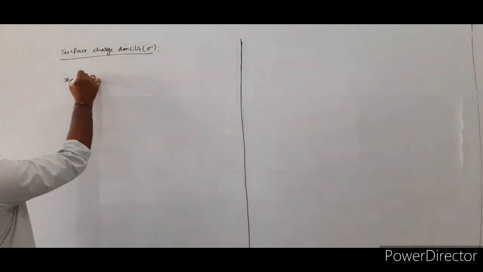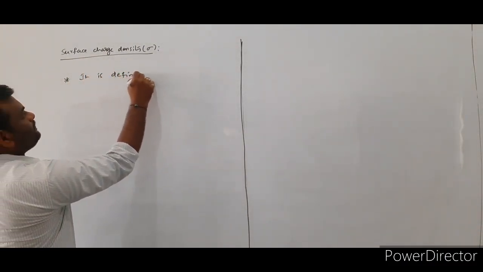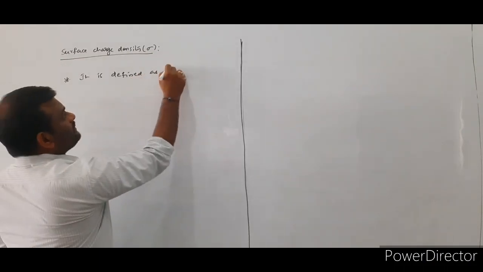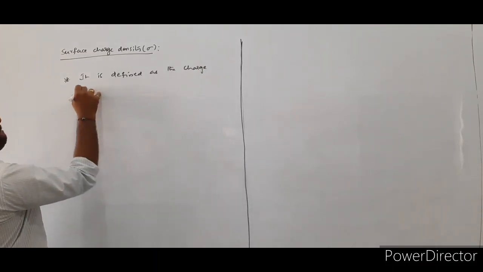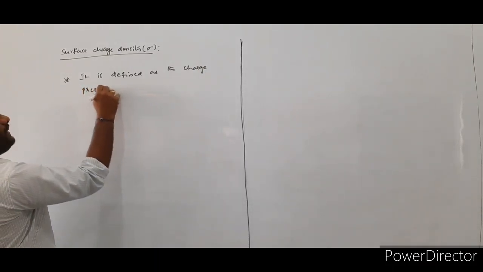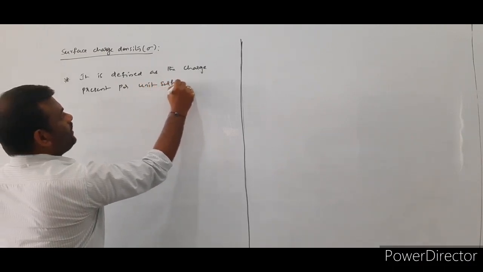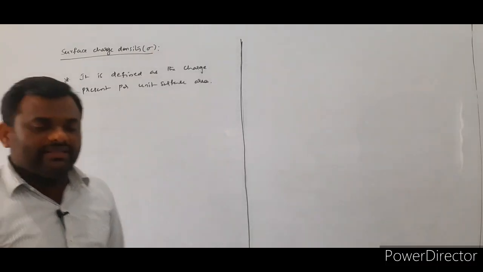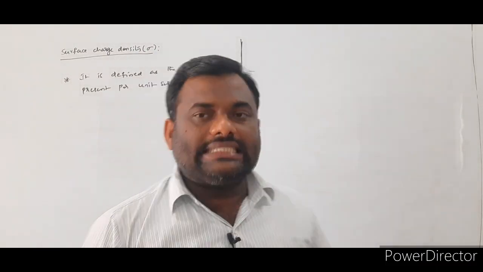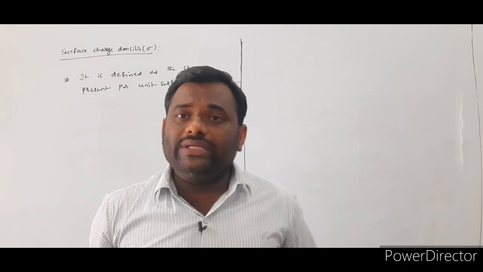How can we define the surface charge density? It is defined as the amount of charge present per unit surface area.